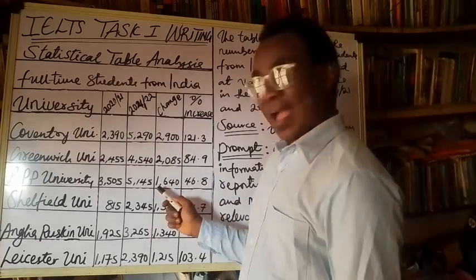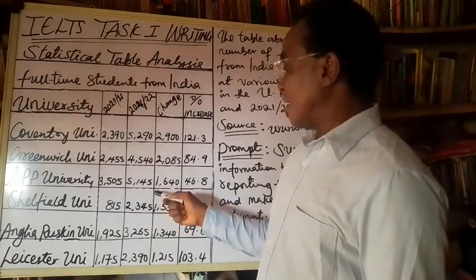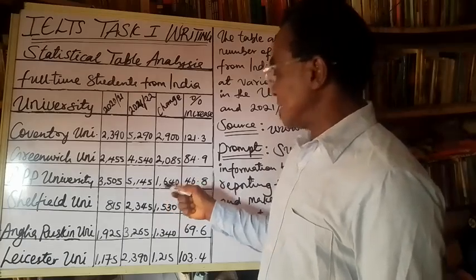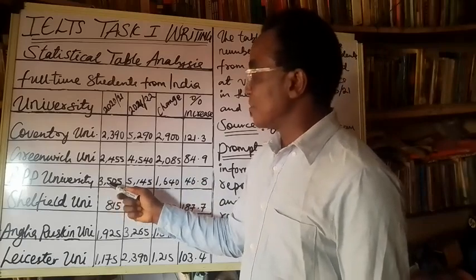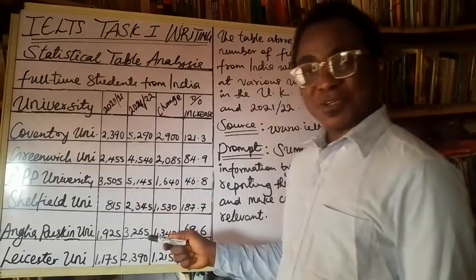The same applies if you add 1,640 to 3,505.